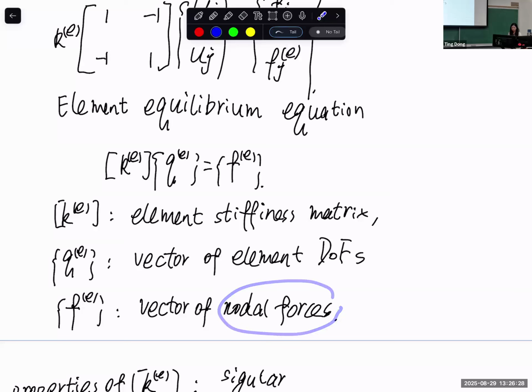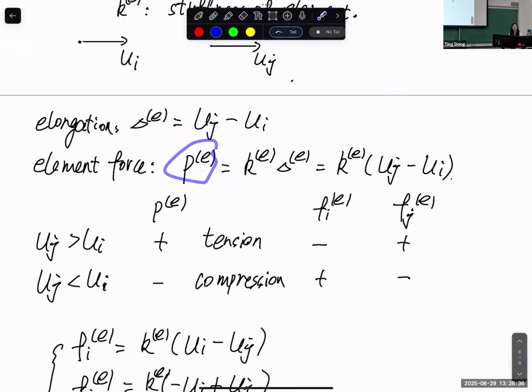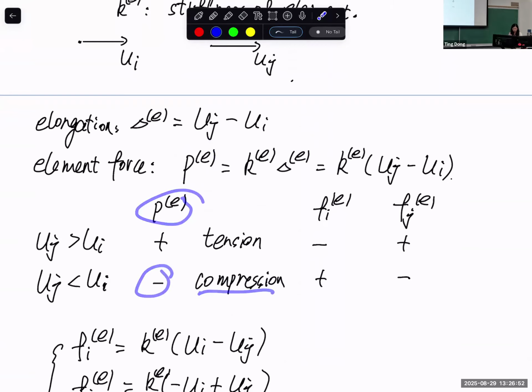The textbook says it's internal force, but internal force is really the P here, and internal force has its own sign convention. If it's tension, it should always be positive, no matter which point you are considering on this spring element. And if it's compression, the internal element force should always be negative.